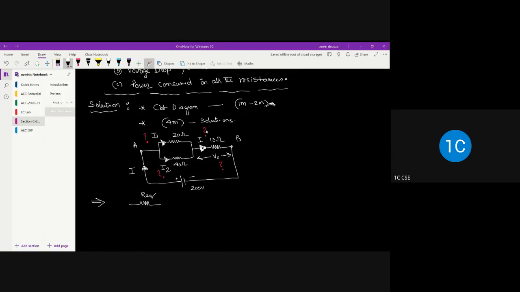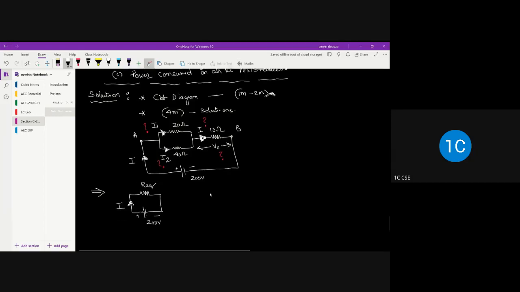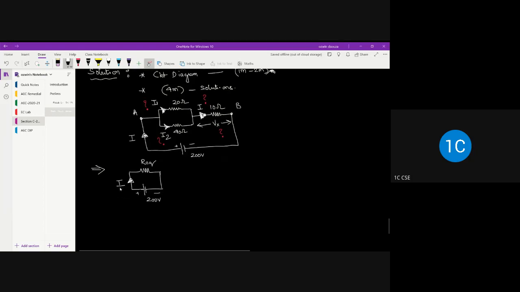I will convert these three resistors into a single resistance, R equivalent, connected across a battery of 200 volts, and through this R equivalent, current I flows. Basically I want to find the main current first. If I know the R equivalent value, I can find the main current.